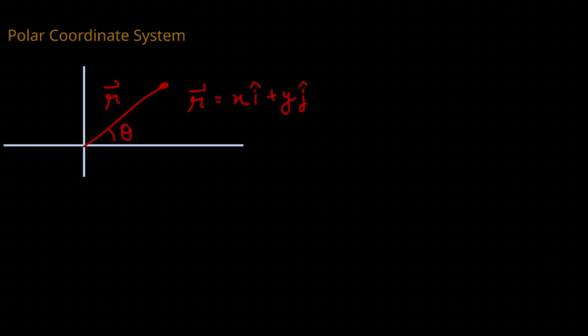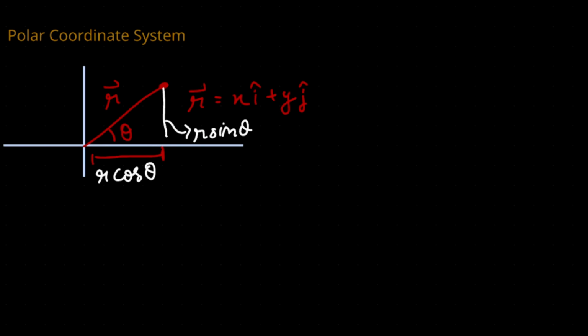But what is the x? This distance, right? I'm going to redefine it. I'm going to say that, hey, this is actually r cos theta. Fine, this is very basic, and this one is r sin theta. Obviously, you don't have any problem with that, right?